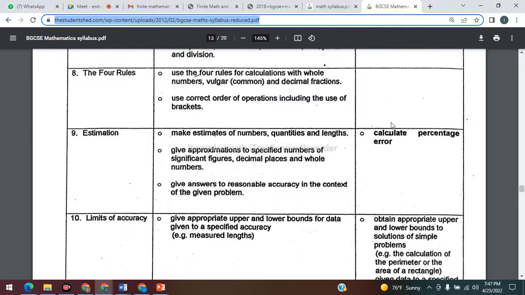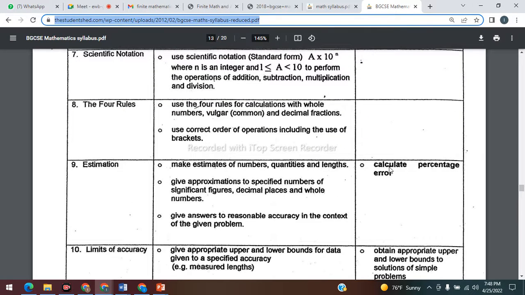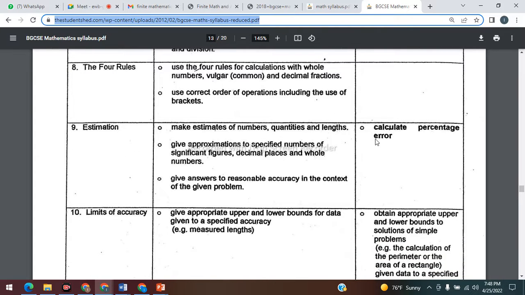That's extended. I never saw a question like this, so we haven't even had a practice. Percentage error is basically how accurate something is, or really how off something is.